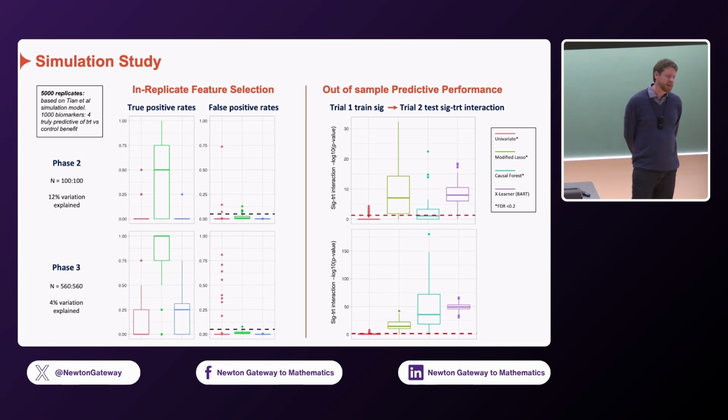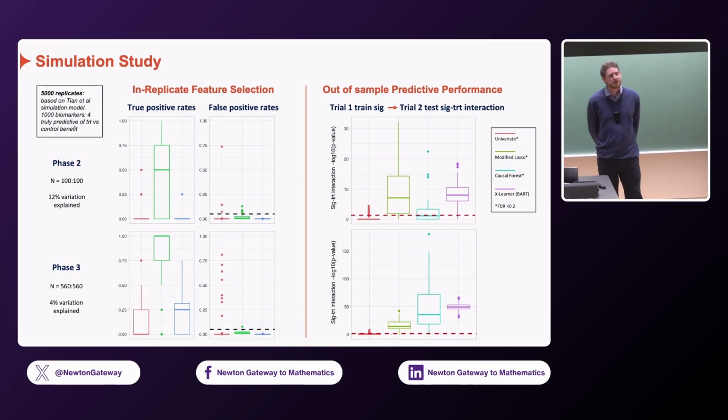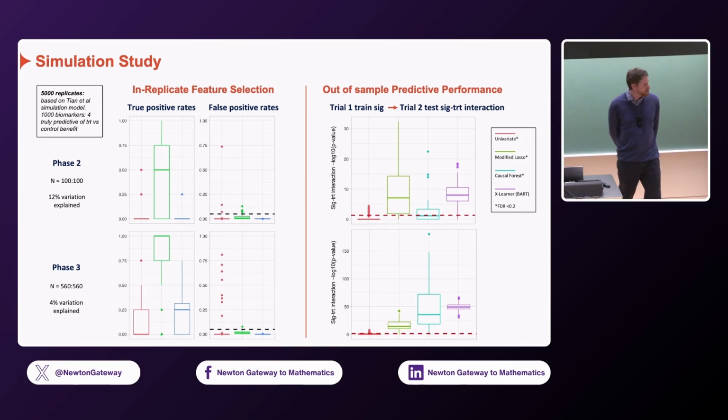At the time we were thinking about Olink proteomics panels, which might have 1,500 proteins on, and we might expect to be analysing about 1,000 of them. That was the thinking here. There are 4 truly predictive simulated features. Some of them have prognostic effects as well.